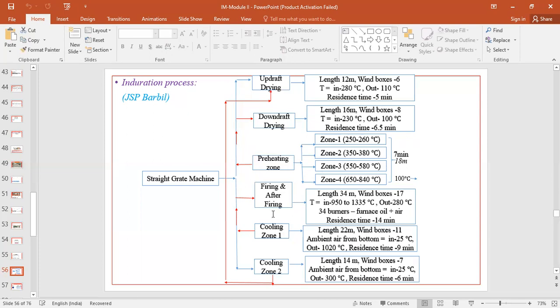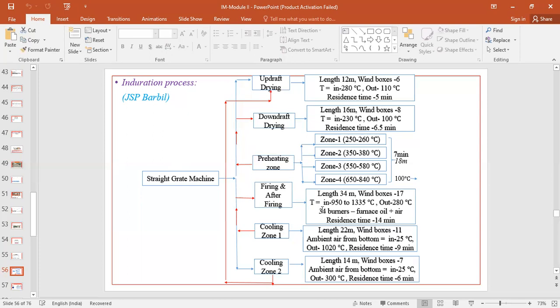And then you have the firing and after-firing zone, where its length is around 34 meters. We have 17 wind boxes here. The input temperature is around 950 to 1335 degrees centigrade, and output temperature is around 280 degrees centigrade. In the firing and after-firing zone, we have burners.